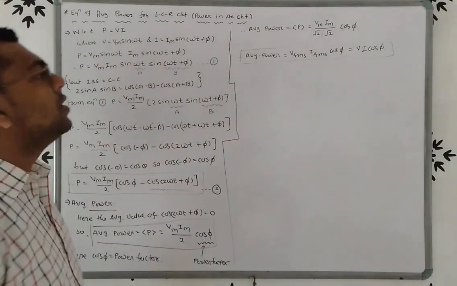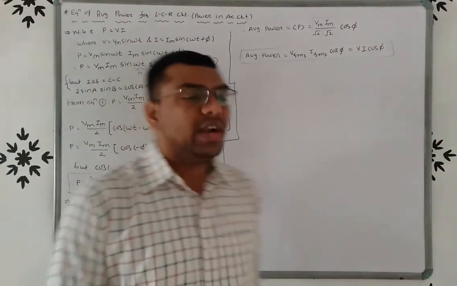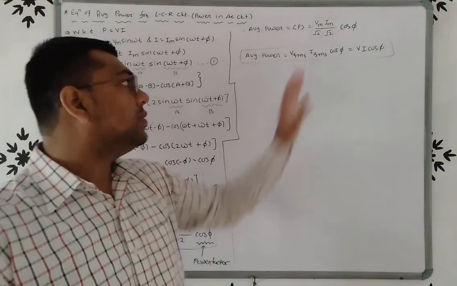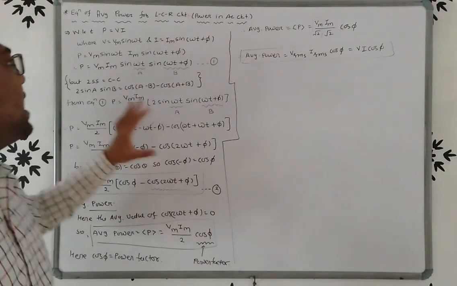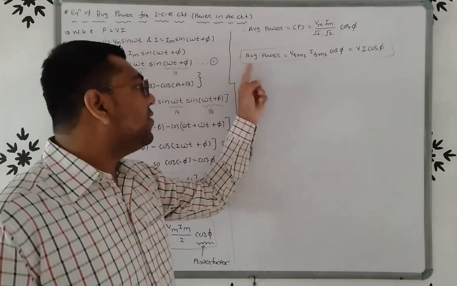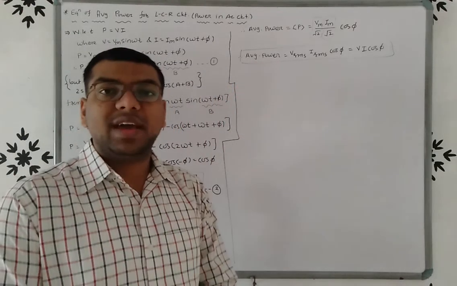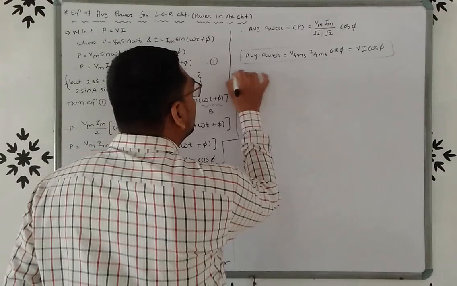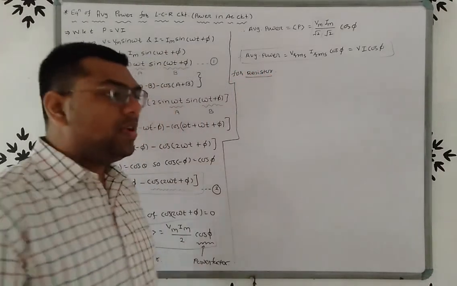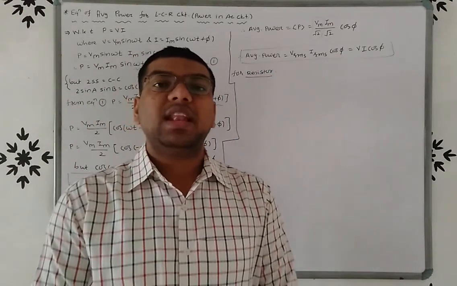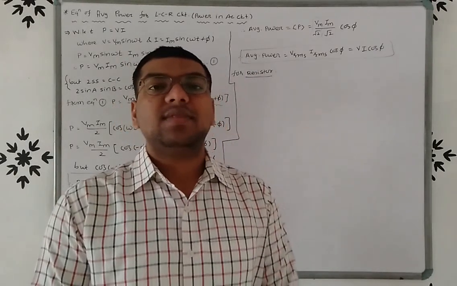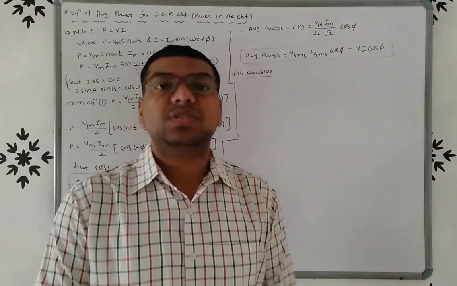Now if we want to find out the average power for resistor, inductor and capacitor from this equation, so for an RLC circuit or LCR circuit as you wish, the formula of average power is equal to VI cos phi, right? Now if there is a resistor, we know that for a resistor, voltage and current are in the same phase. So if voltage and current are in the same phase, the value of phi is equal to 0, right?